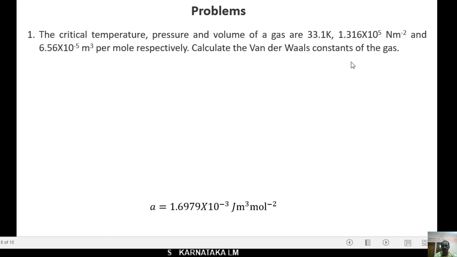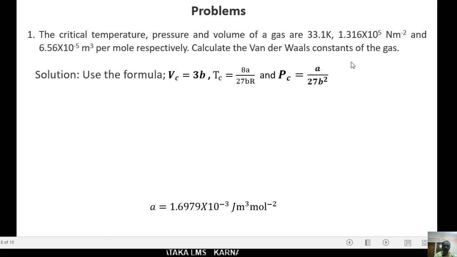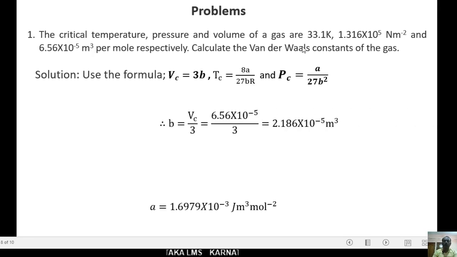Calculate the van der Waals constants of the gas. That means he has given the values here. The critical temperature, pressure and volume of a gas are given here. Just calculate van der Waals constants, that is a and b.